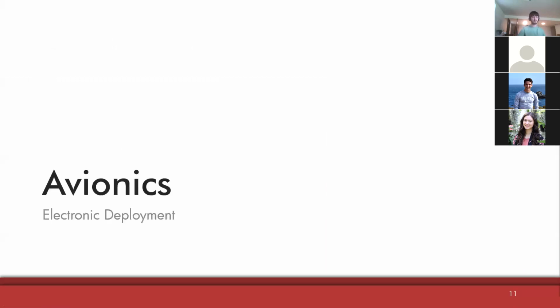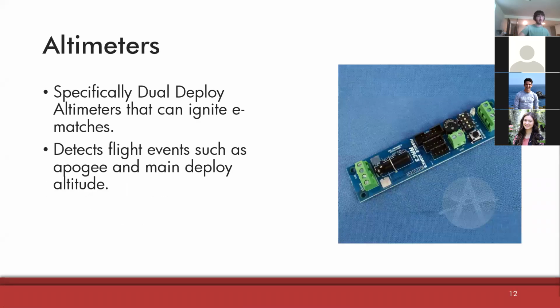Going to continue on, and now we get to my favorite part, avionics. I'm going to be primarily talking about altimeters here. It's important to know the word altimeter is a little more broad than what I'm using here. I'm going to specifically refer to dual deploy altimeters.